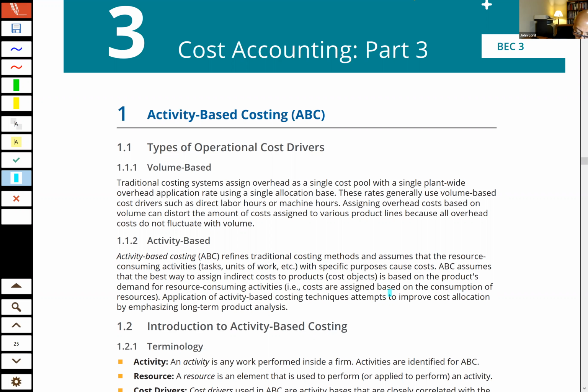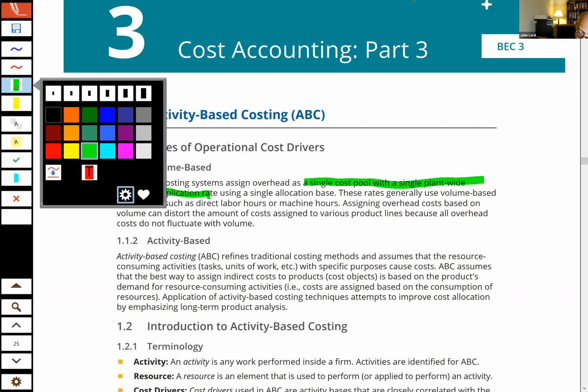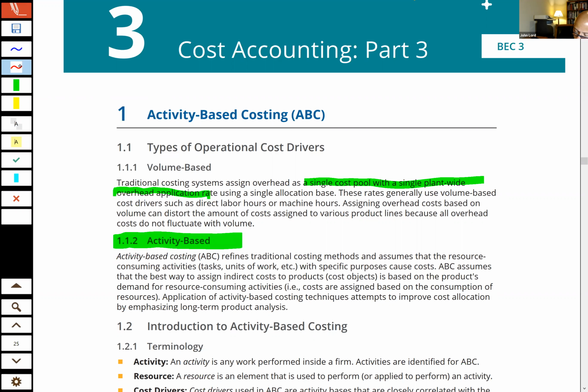With traditional costing, we have a single pool with a single plant-wide overhead rate. That's what we were looking at earlier. With activity-based costing, let's summarize this a little better: we have multiple costs and multiple drivers, thus we have multiple rates.